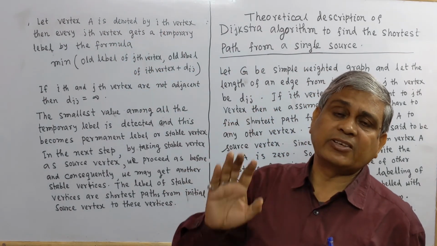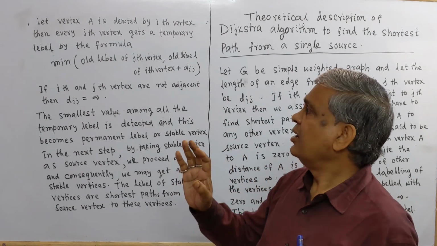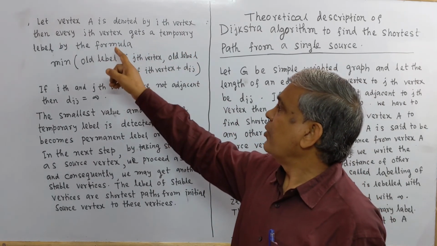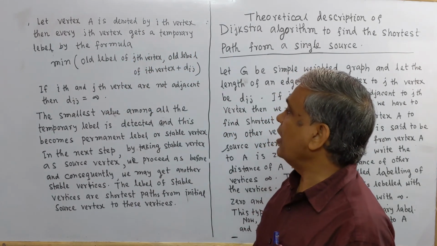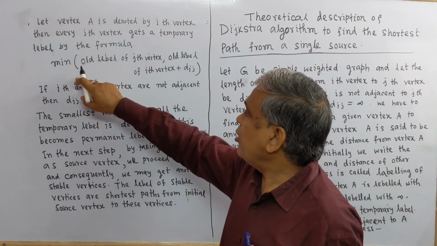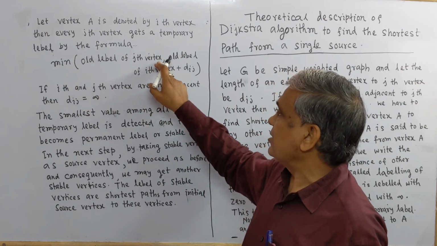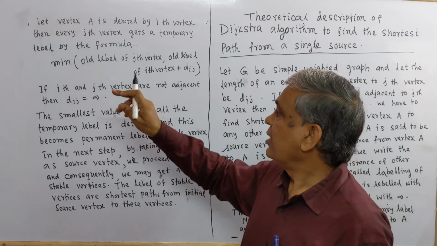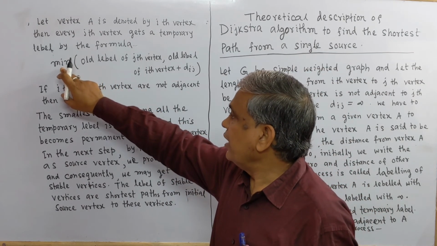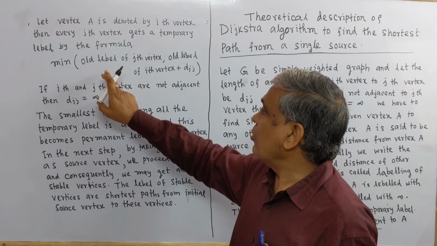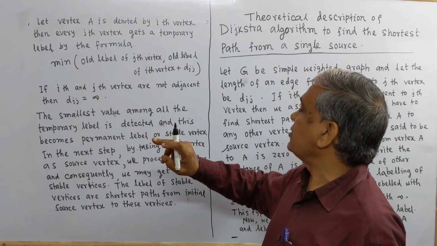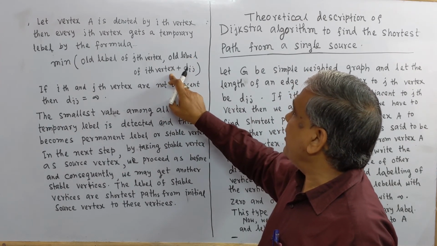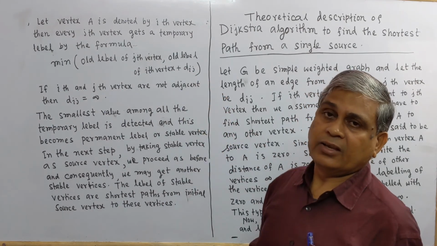Then every jth vertex gets a temporary level by this formula: the minimum of the old level of the jth vertex and the old level of the ith vertex plus Dij.